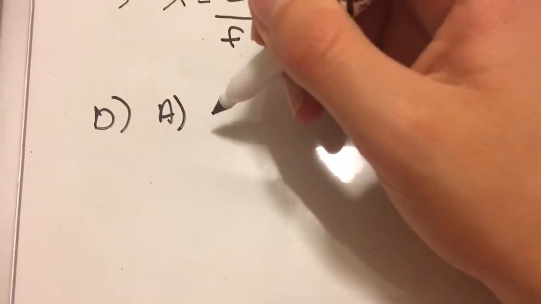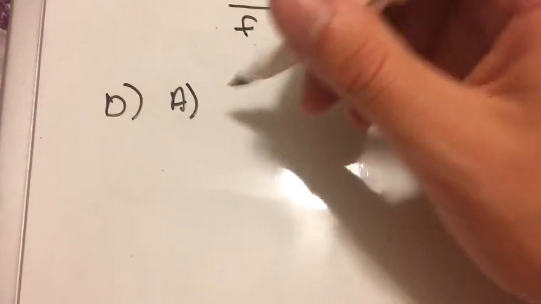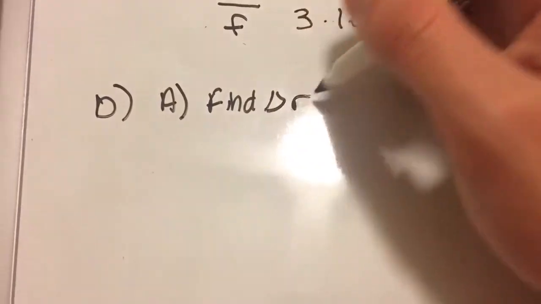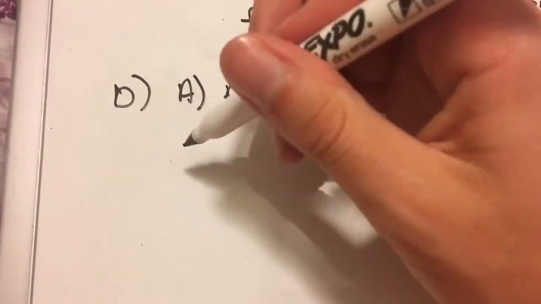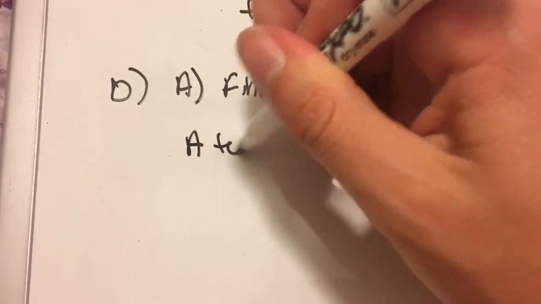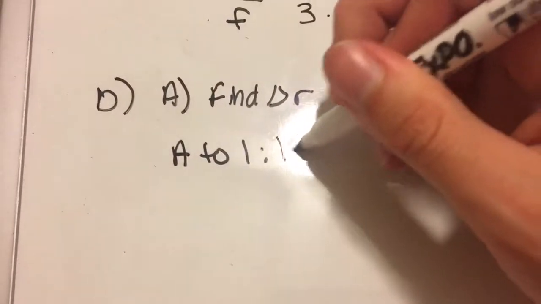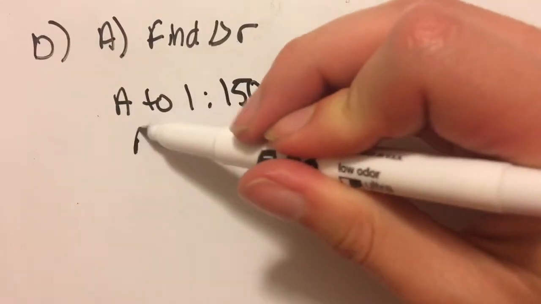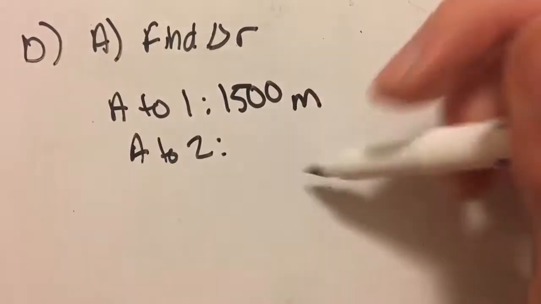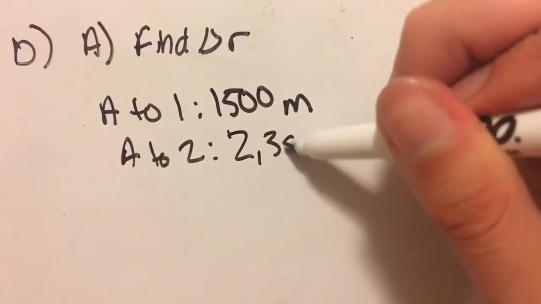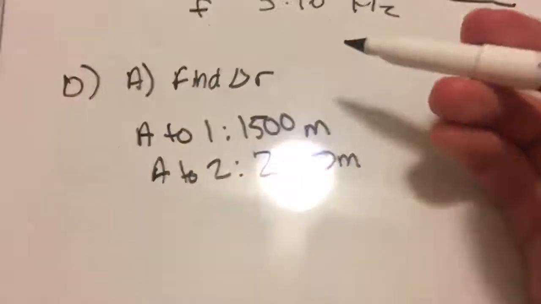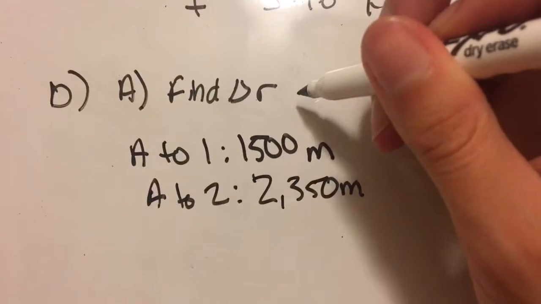To go about doing that, we're going to take island A and then find the delta R. To find delta R, we need the distance from A to antenna 1, which is given to us as 1500 meters, and the distance from A to antenna 2, which is 2,350 meters. Delta R is simply the difference between these two.